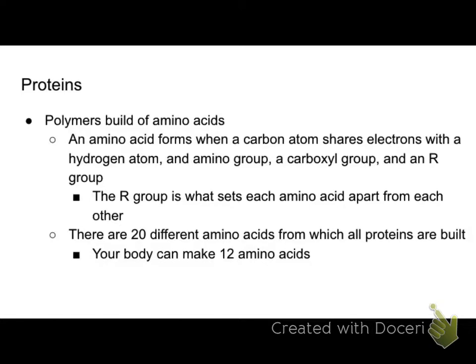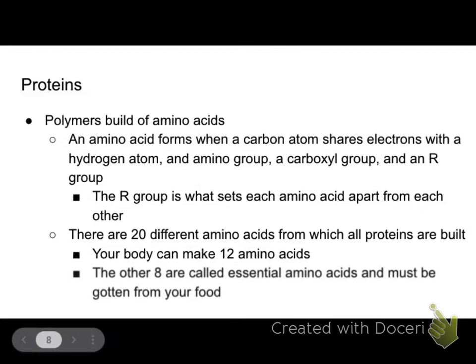But you still need those other 8, which is why we call those other 8 the essential amino acids, and you have to get those amino acids from the food you eat. So if the diet you eat lacks protein, the reason your health is going to struggle is because you're going to be missing some of these 8 essential amino acids, because you're not going to be getting them from your food.